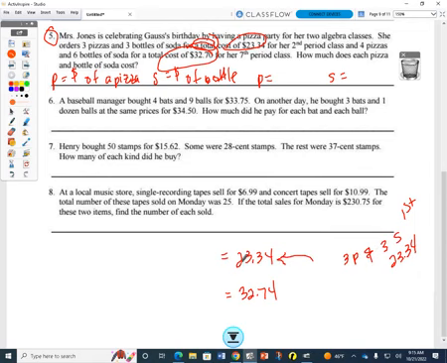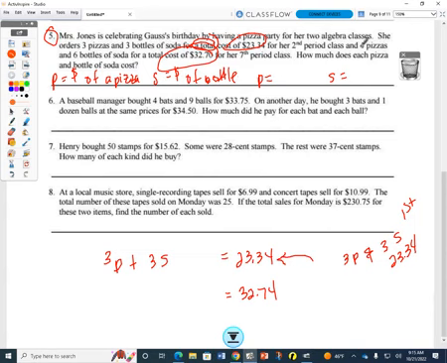If I want to know how much the 3 pizzas and 3 bottles of soda cost, I'm going to take the number of pizzas and multiply it by the variable that represents the cost of the pizza. So 3 times the cost of the pizza plus 3 bottles of soda equals $23.34.